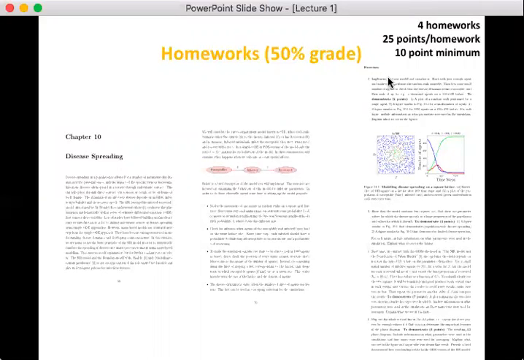So just to give you an idea of the structure of each homework. And then you have a series of exercises that you have to do, and you know how many points you get for each one of them. And the idea is that you do these exercises with whichever code you like. And by whichever code you like, I mean whichever programming language you like.